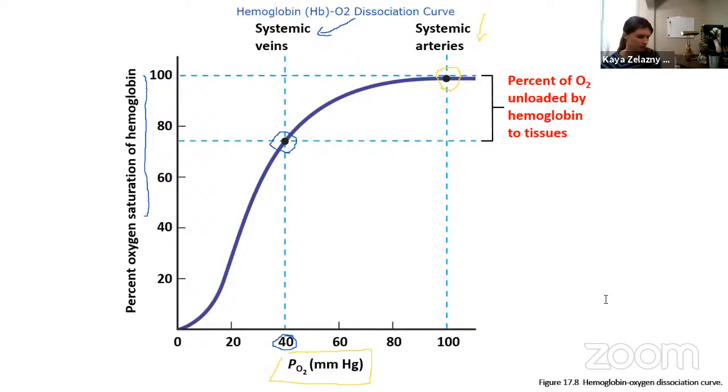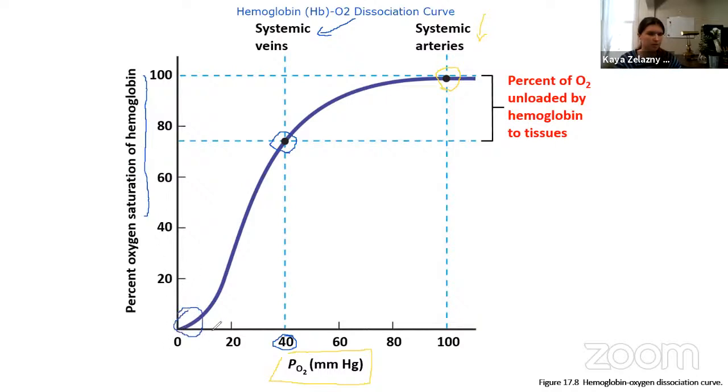Okay, so what we can see here is that at the beginning, when we start out at very low saturation and very low pressure of oxygen, those two are linked. If we don't have much partial pressure of oxygen, there isn't a lot of oxygen, so therefore there isn't a lot of oxygen to saturate the hemoglobin.